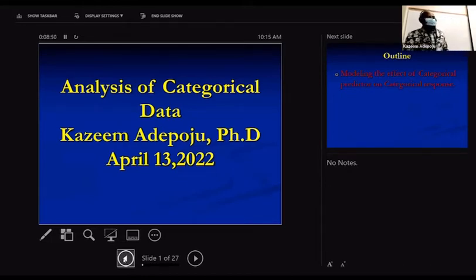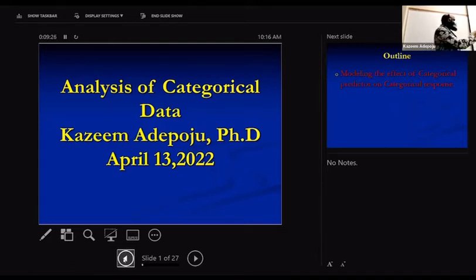But do you know what I'm presenting to you today? What if the response variable is categorical, and the predictor is also categorical, the two of them are categorical? What are we going to do? Therefore, we have a special statistical model we can fit in situations where the variables involved are categorical, whether the response or the predictor.